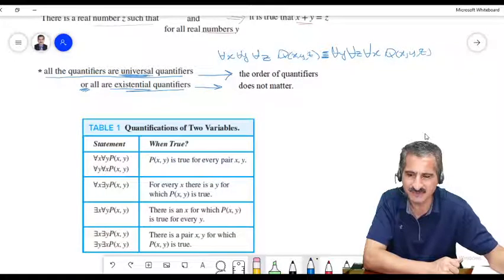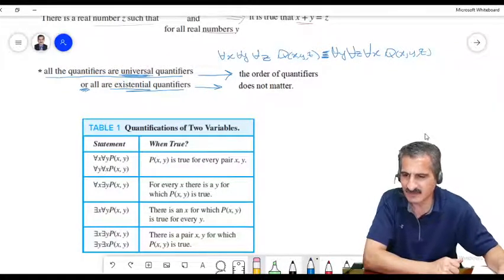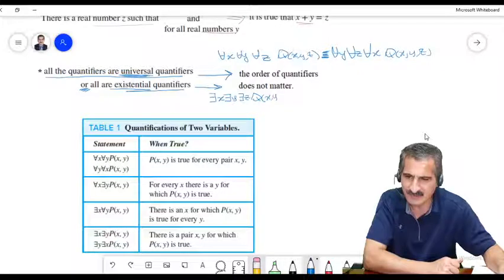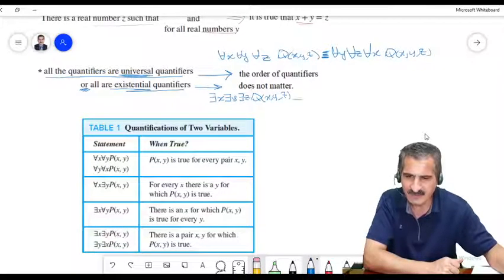Same thing if we have all of these quantifiers to be existential, say there exists x, there exists y, there exists z, such that Q of x, y, z. It is equivalent to saying there exists z, there exists x, there exists y, same statement, Q of x, y, z.